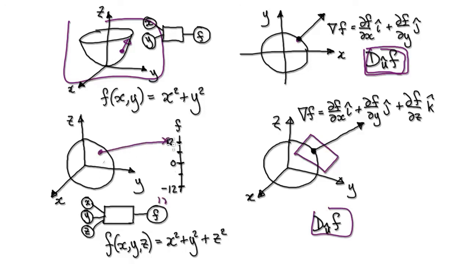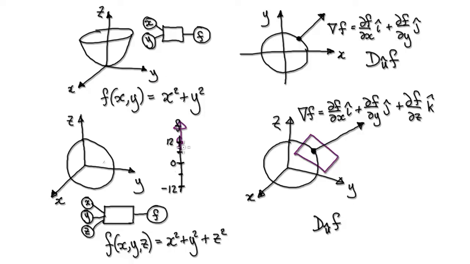The directional derivative represents how fast this f is climbing or falling. So the directional derivative here represents the rate at which it wants to climb. Up here, the directional derivative represents the steepness of this thing here. I hope it makes sense. It was badly explained, but I hope it makes sense.